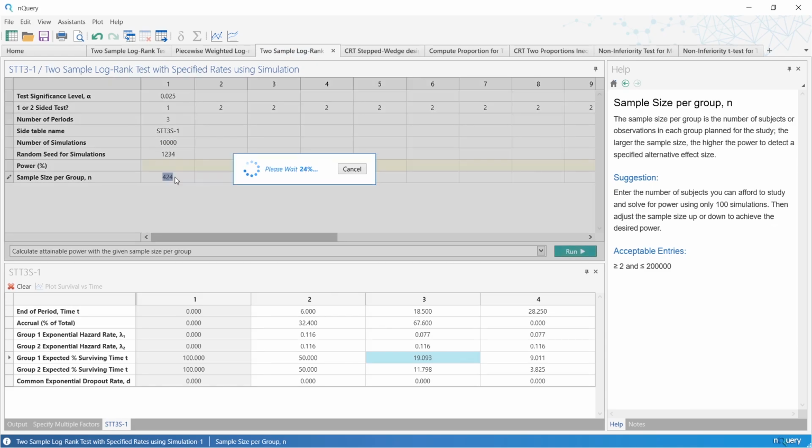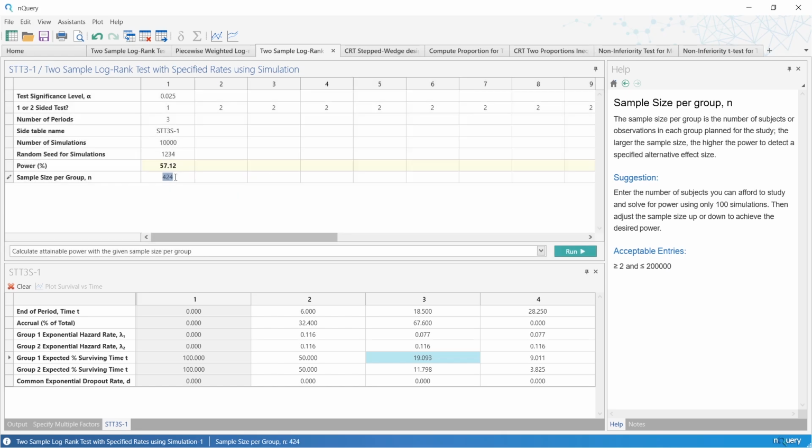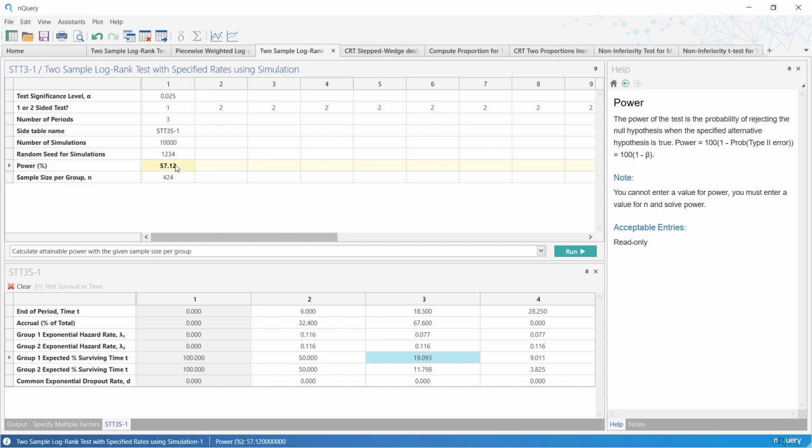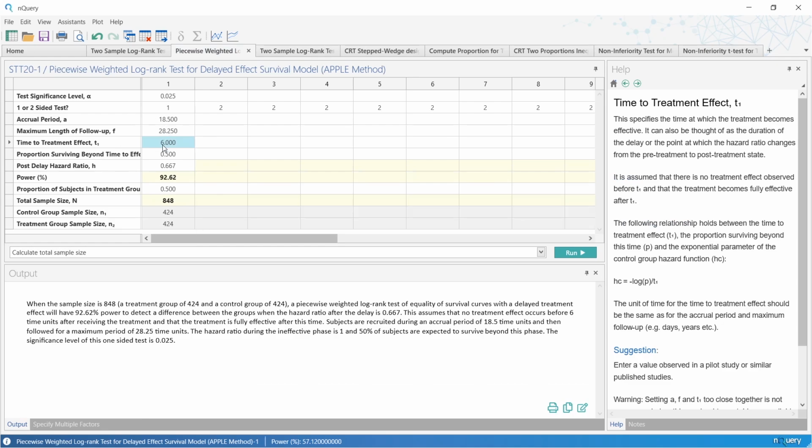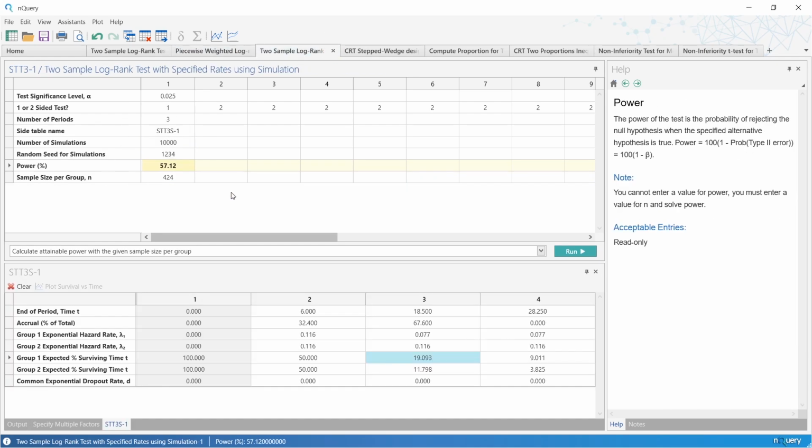So it'll take just a few moments to run. And obviously we could replicate the original log rank test, but that's relatively trivial here. But you can see that if we had used the standard log rank test under the same assumptions that we had used to define the sample size using the Apple method, using this fairly simple Apple model, we would have only had power of 57%.